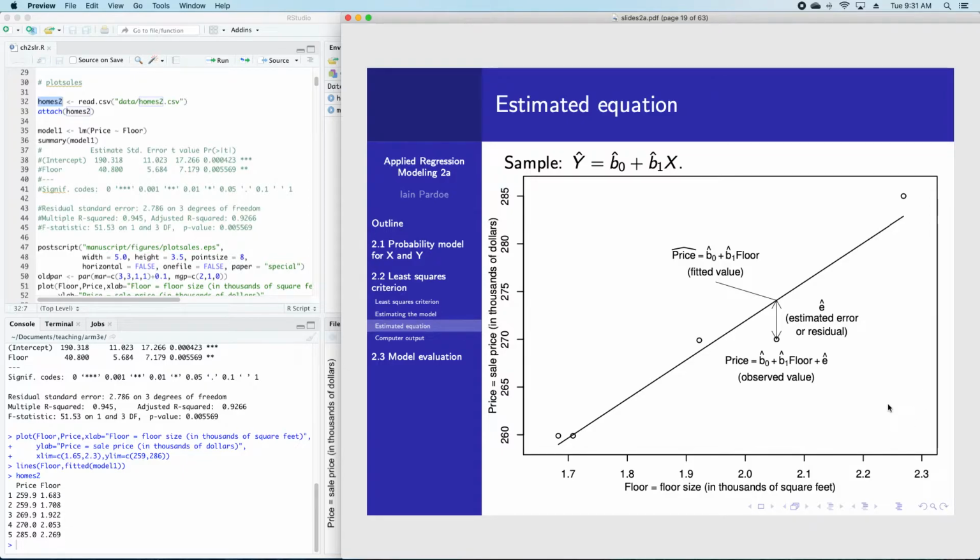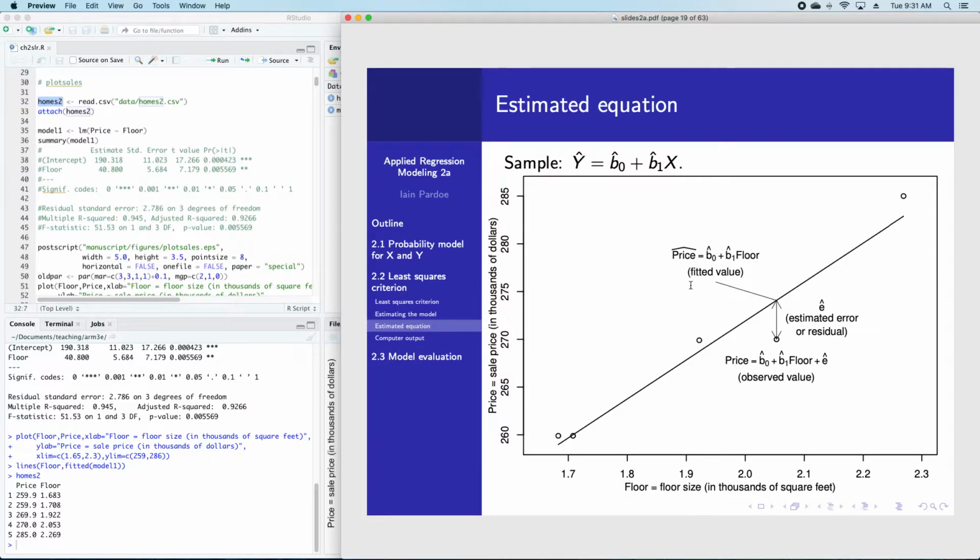So in a picture, what this looks like is we've got y on the vertical axis, sale price, x on the horizontal axis, floor size. We've got our plotted points, that's the 5 points, and then this line now represents the estimated equation, y hat equals b0 hat plus b1 hat times x.